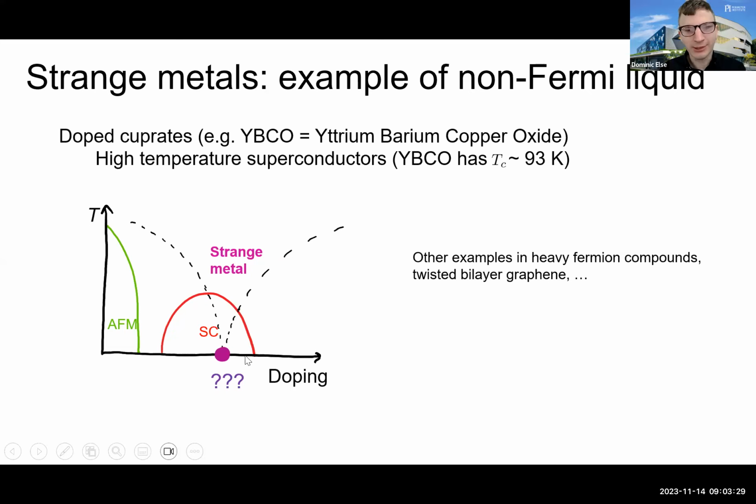This is a vastly oversimplified phase diagram. But specifically, it shows that above this superconducting dome in temperature, you have this regime that people have called the strange metal. There are various diagnostics that you can look at, and it's very clear that whatever is going on in this strange metal is not weakly coupled or Fermi liquid physics. It's going to be some kind of strongly coupled physics that we need to try to understand.